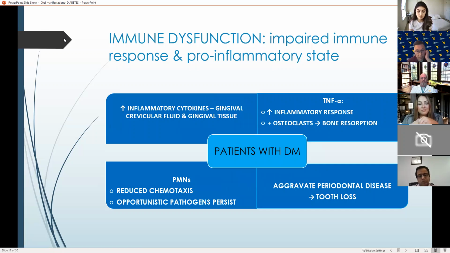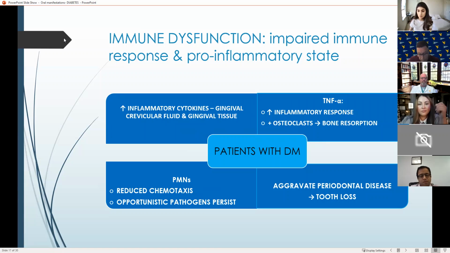Additionally, patients with diabetes showed increased levels of inflammatory cytokines in gingival crevicular fluid and gingival tissue compared to healthy subjects. Tumor necrosis factor alpha also contributes to periodontal tissue destruction by enhancing the inflammatory response and activating osteoclasts responsible for bone resorption.